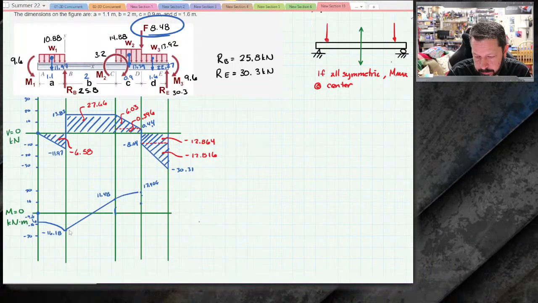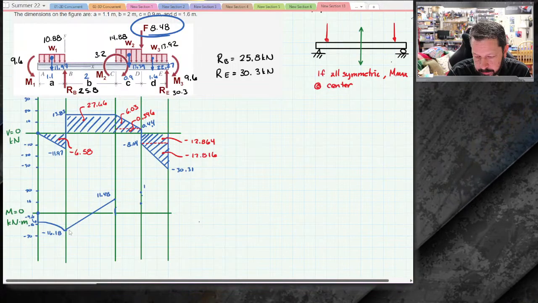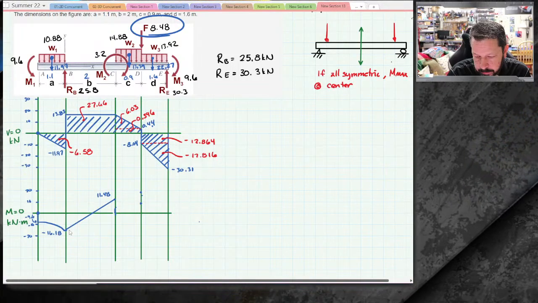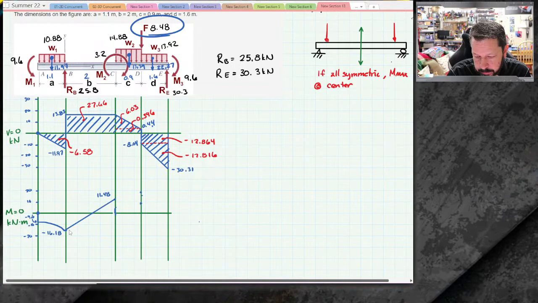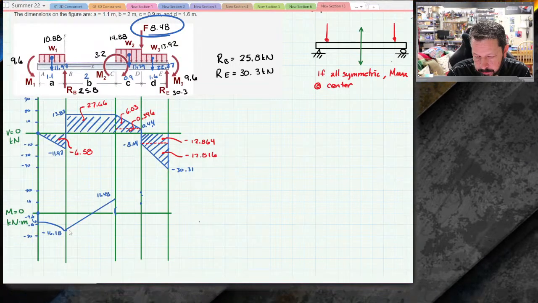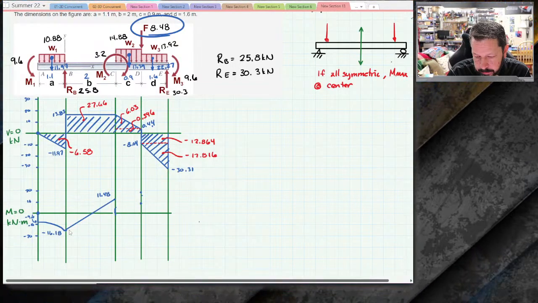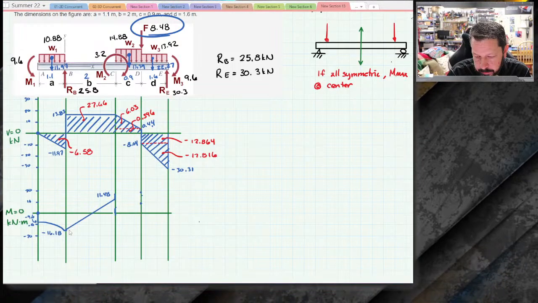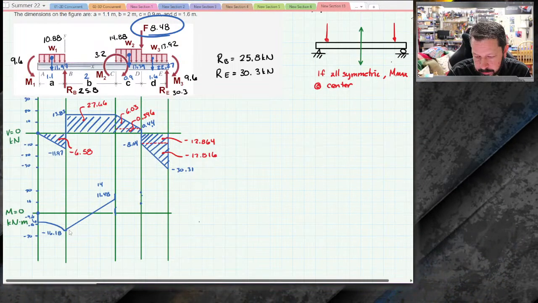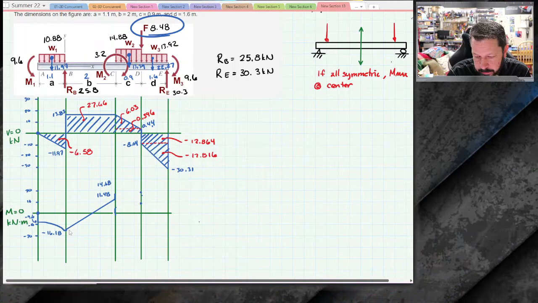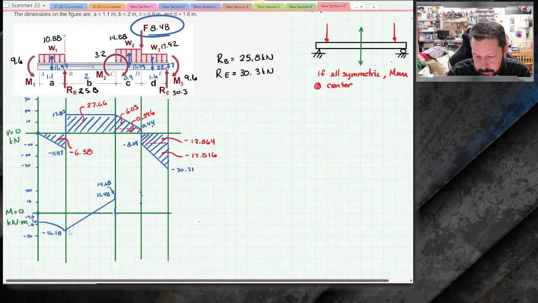Oh, I did it again. I forgot to add 3.2. So 11.48 plus 3.2, we go up to that little spot will be 14.68 for that peak right there.